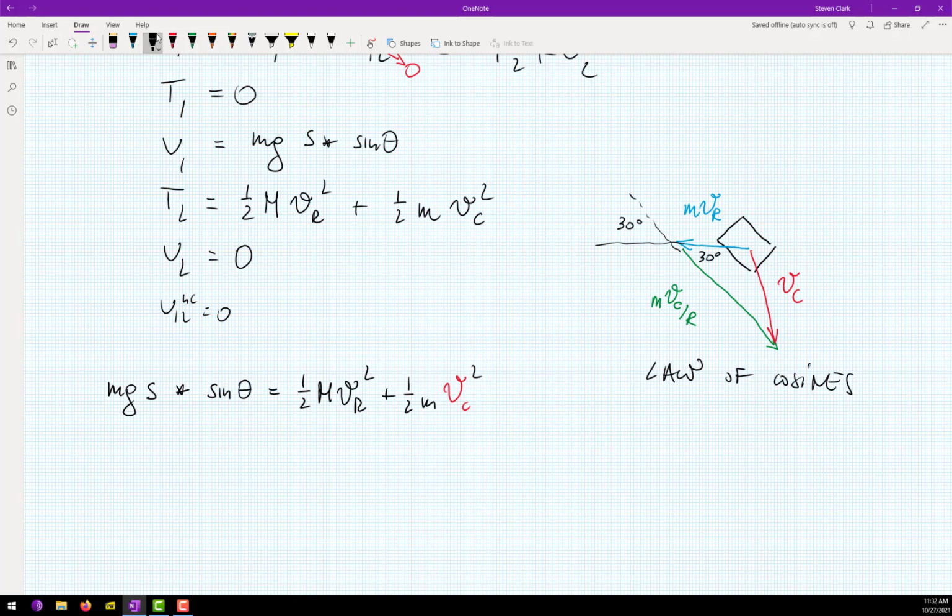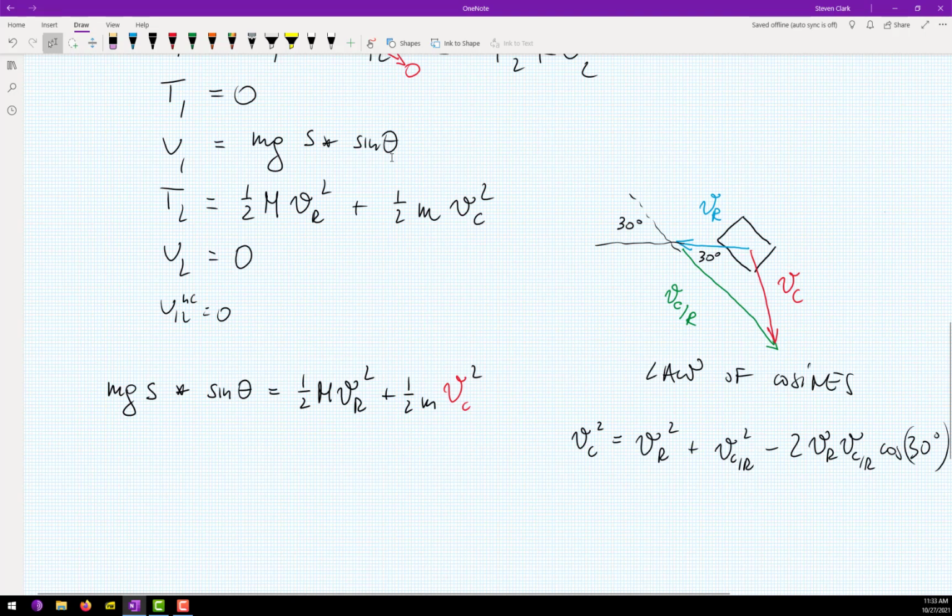So if I remember correctly, our V_C squared will be equal to V_R squared plus, you can get rid of these m's, plus V relative squared minus 2 V_R V relative cosine 30 degrees.